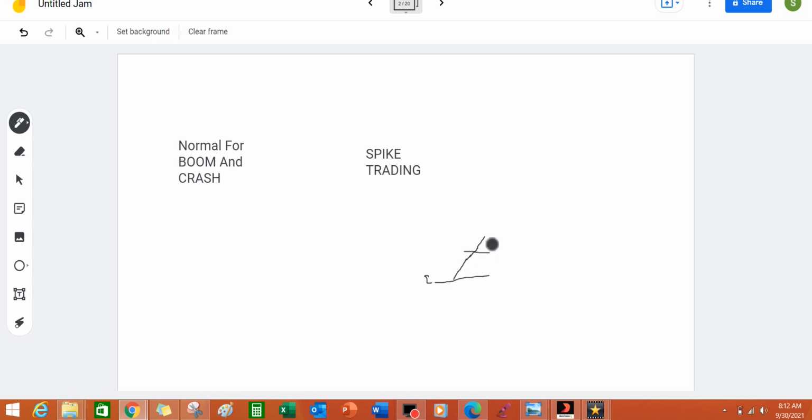What I'm trying to say is that a single spike, we are on 5 minute time frame, a single crash down does not consume the whole of the 5 minute candles. It can take 2 or 3 of them before it will be consumed.